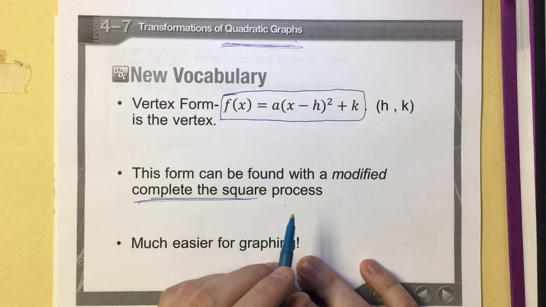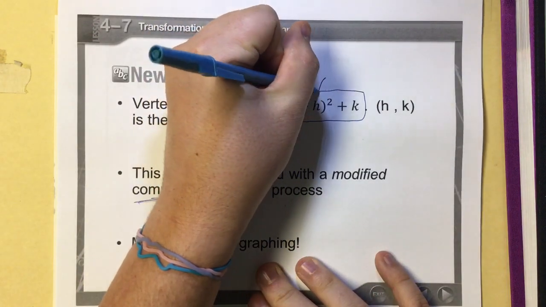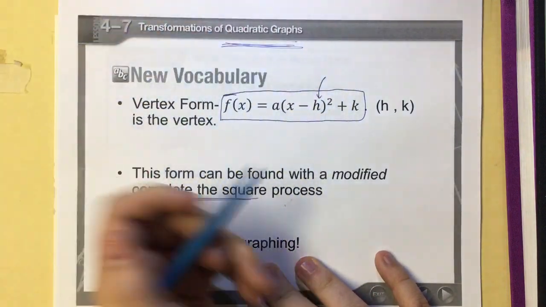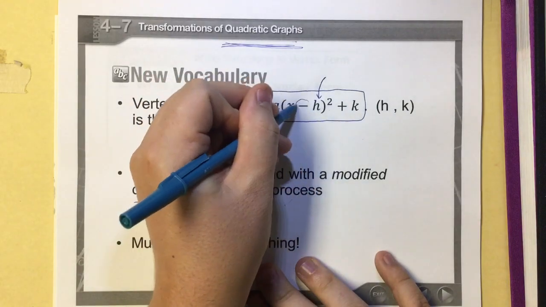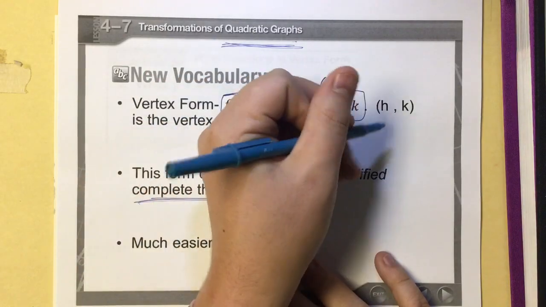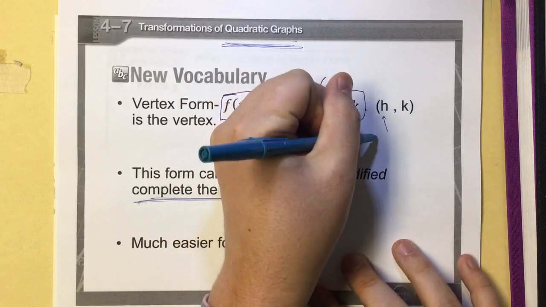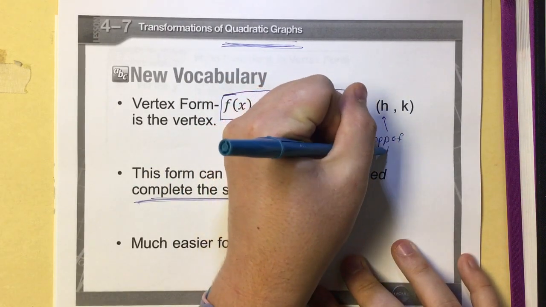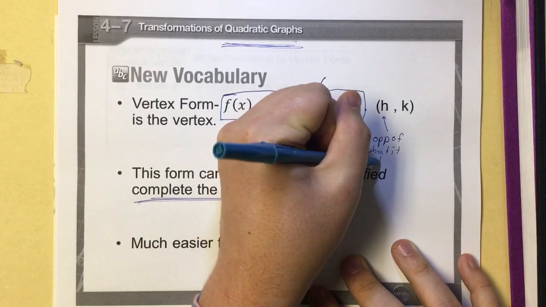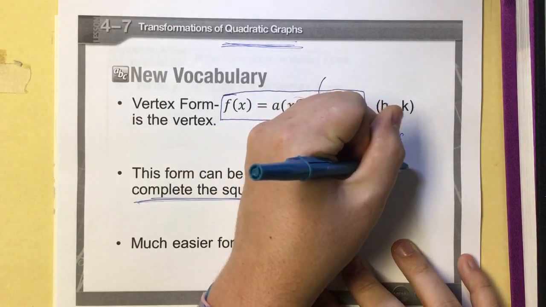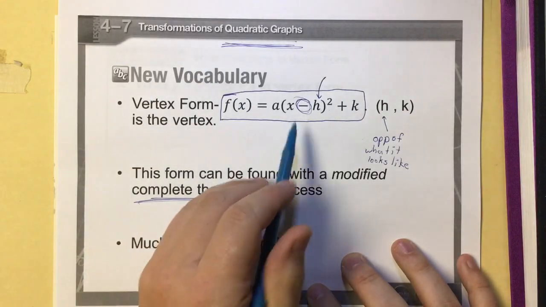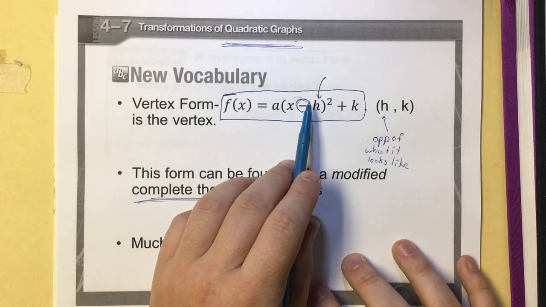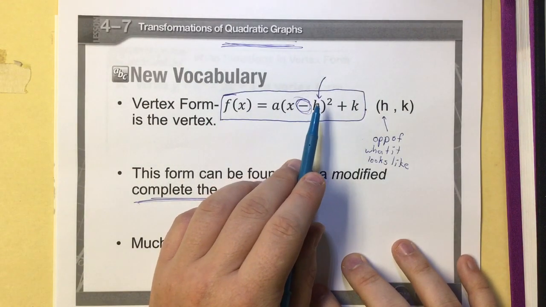Just like when we were doing our absolute values, remember this h right here: because of the negative sign in front of it, the h for our vertex is going to be the opposite of what it looks like. If you see something that says x minus 3, that means h is 3.